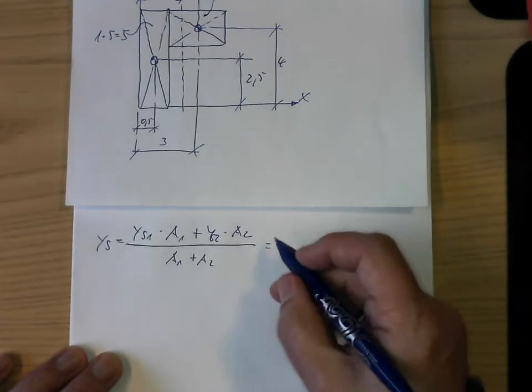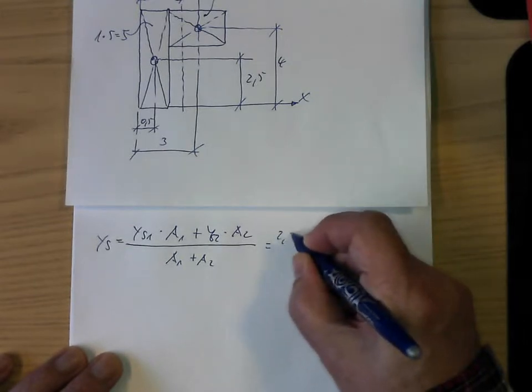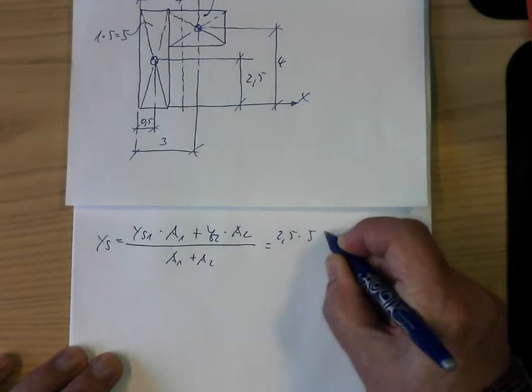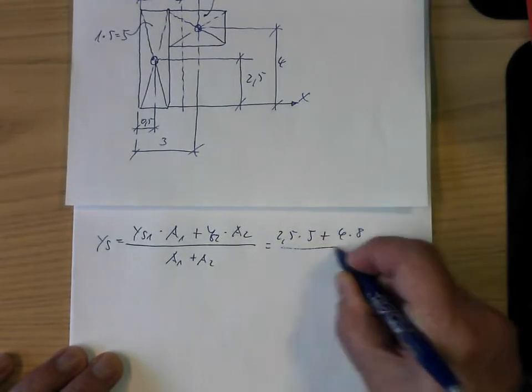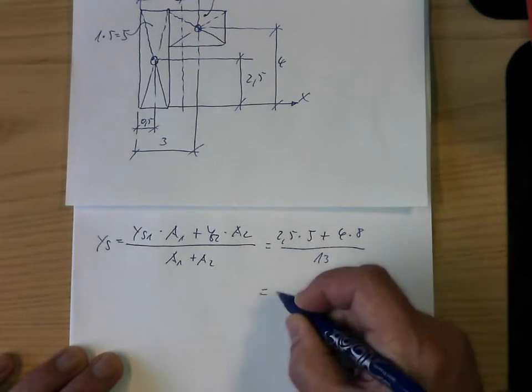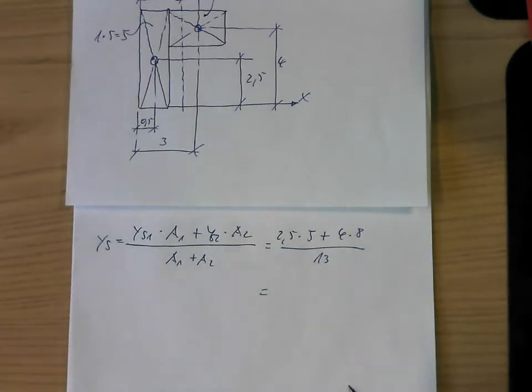That means here in y direction 2.5 times 5 plus 4 times 8 divided by 13. If I calculate it, I get as a result, let me see, 2.5 times 5 plus 4 times 8 divided by 13 is 3.4 units.